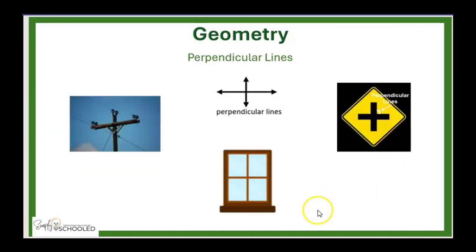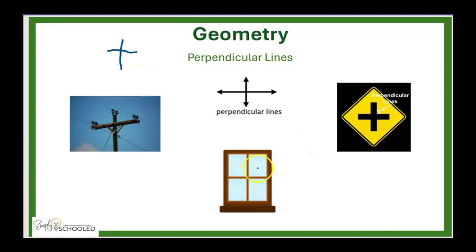Perpendicular lines. This is a pretty easy concept too, but you just have to remember the word perpendicular. Vocabulary is very important in math. A lot of times you understand the concept, but you don't understand what they're asking because you don't know the vocabulary. So perpendicular basically means it is two lines that act like the letter T. That's not a perfectly straight T, but they cross perfectly like a T or a cross.